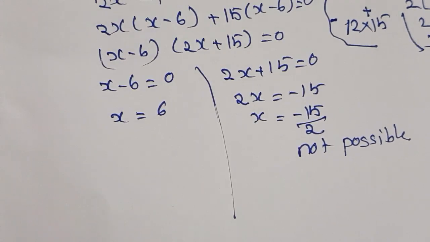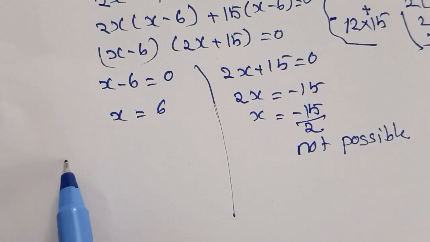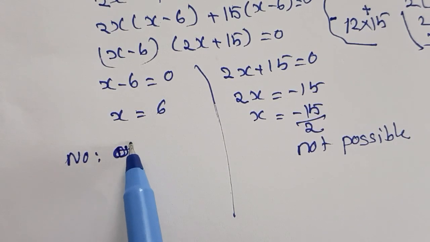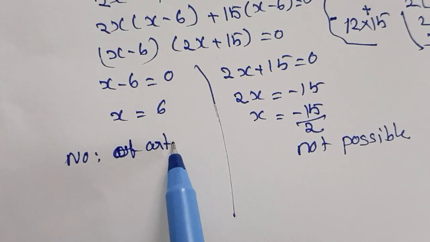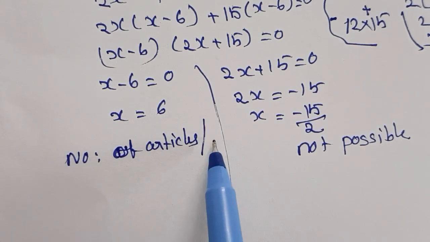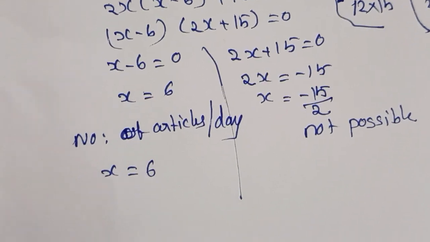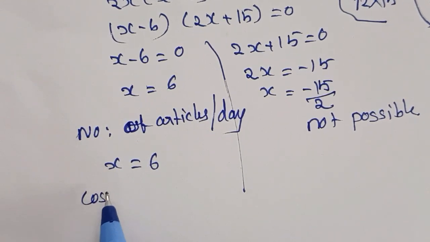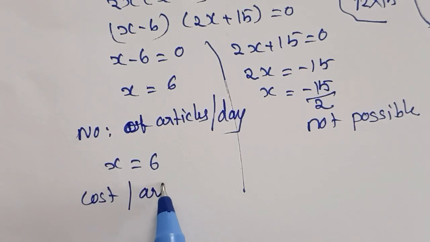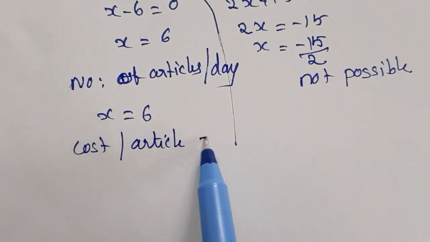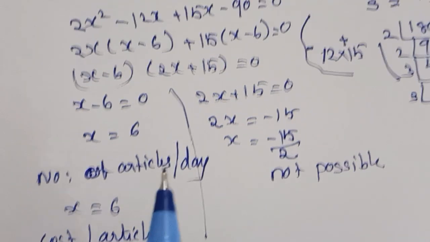By taking x equal to 6, we get number of articles per day equal to x, that is equal to 6, and cost of one article, it is 2x plus 3, isn't it?